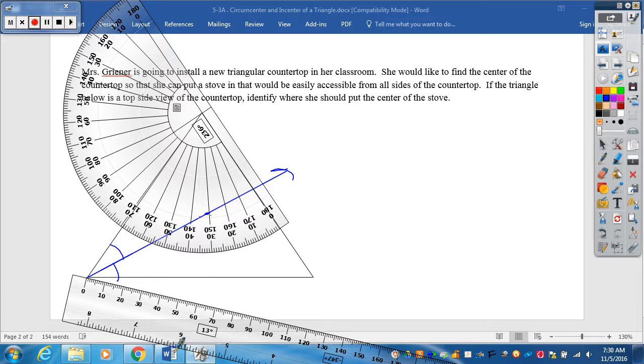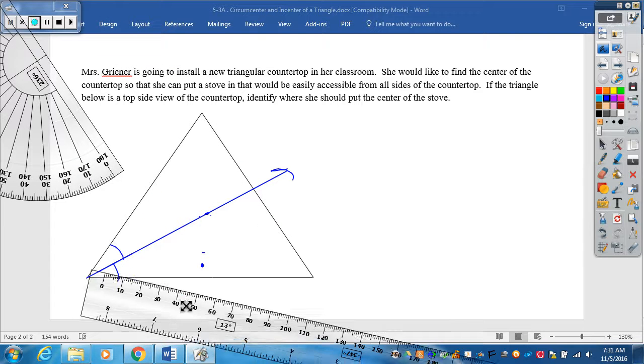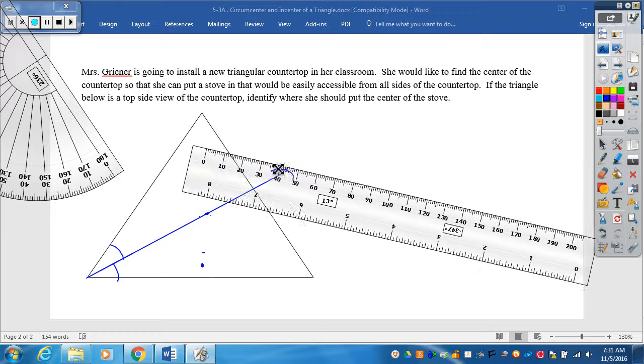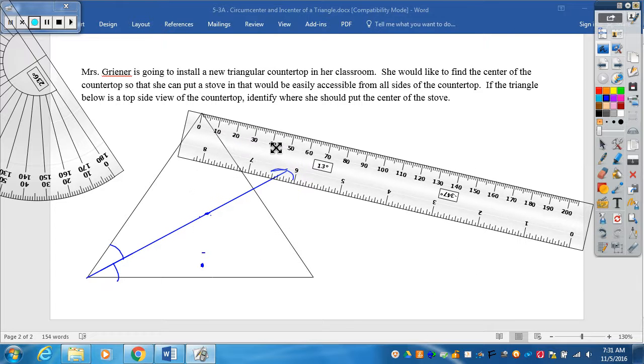Looking at 69 degrees. Okay, so we're looking at 34.5 degrees for our angle. Maybe a little bit further, somewhere in there. Okay. And I'm going to go ahead and graph this angle here. Angle bisector.